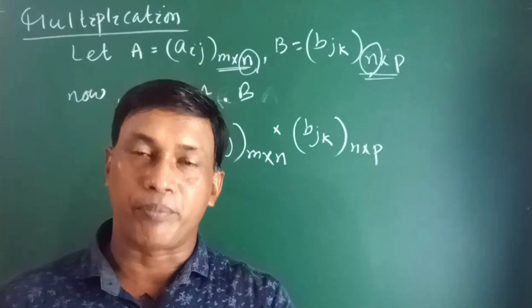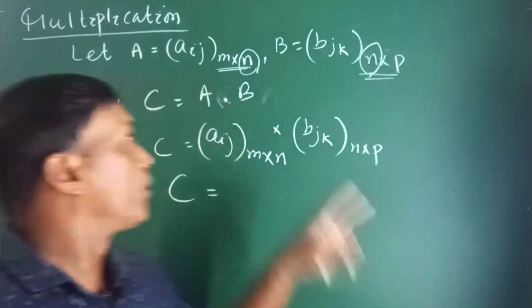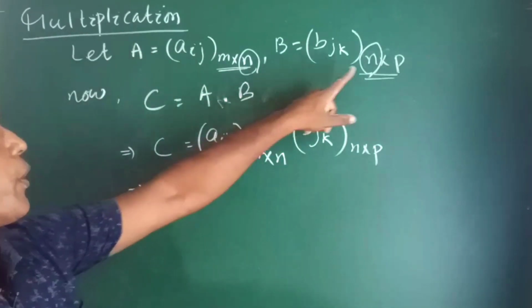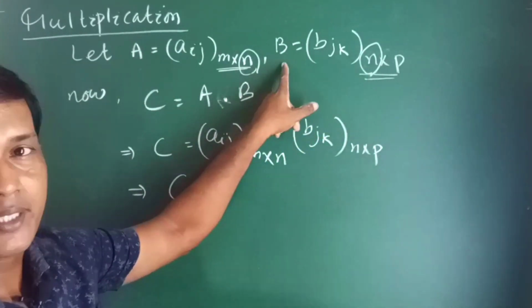The product is possible only when the number of columns of the first matrix is equal to the number of rows of the second matrix.